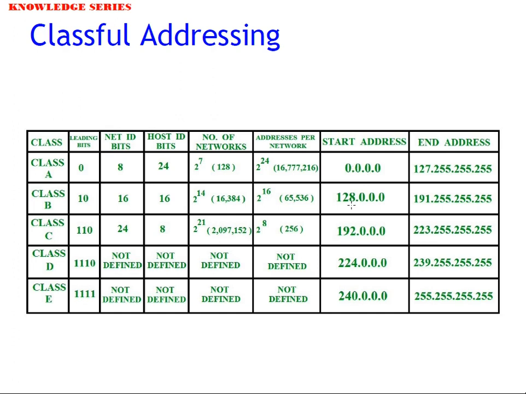By remembering that, you get 0 plus 128, then plus 64 gives 192, plus 32 gives 224, plus 16 gives 240. Corresponding to that, you write 127, 191, 223, 239, and since it is the last address, every bit should be 1, that is equal to 255.